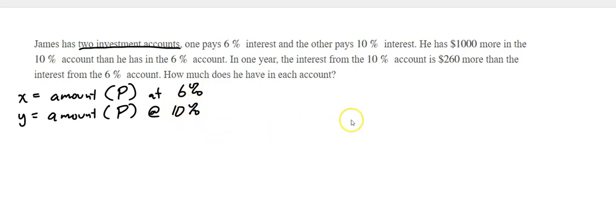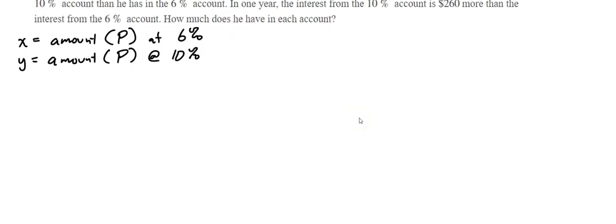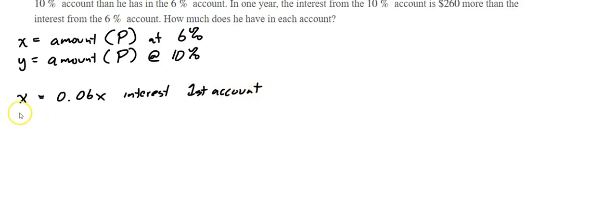Continuing on in that vein, the interest is going to be 0.06x on the first account. And 0.10y is going to be the interest on the second account.